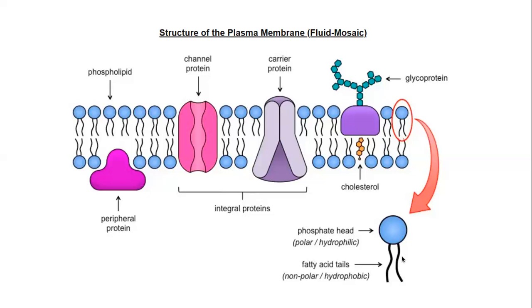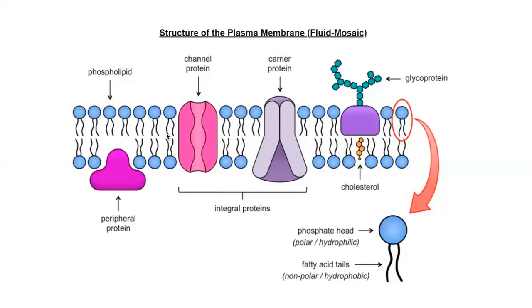And just like we talked about with soap, it's going to form this bilayer where you have your phosphates facing the outside, where water is, and your cells also have water on the inside. So the phosphate groups are going to be facing the polar parts of the cell. And then we're going to hide those lipid molecules, these non-polar fatty acid tails, on the inside.